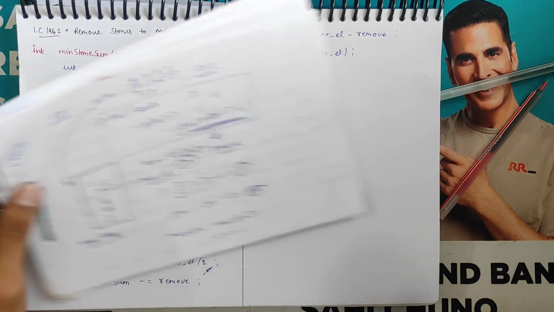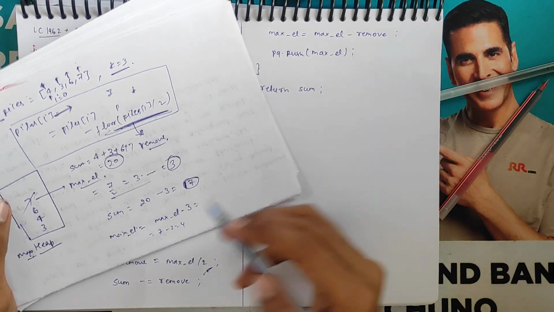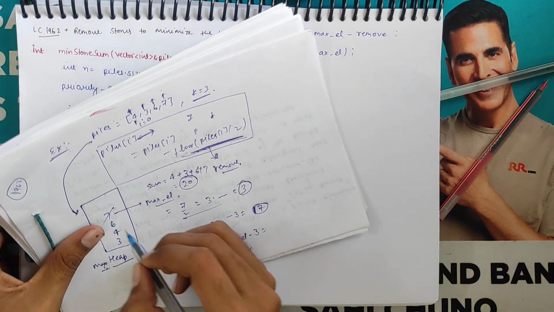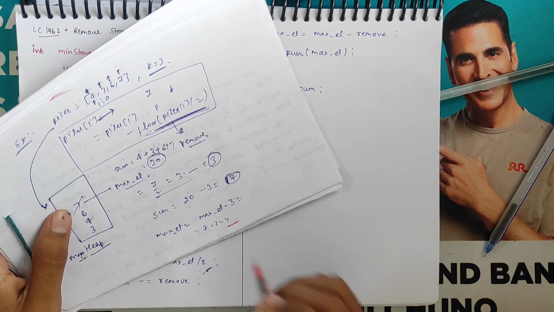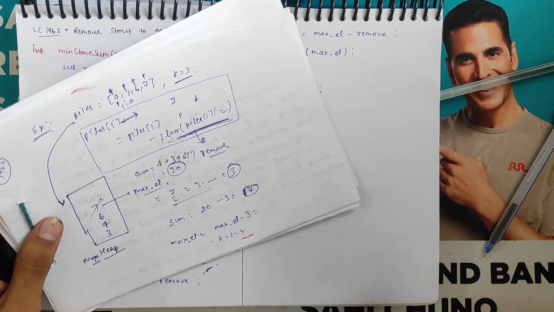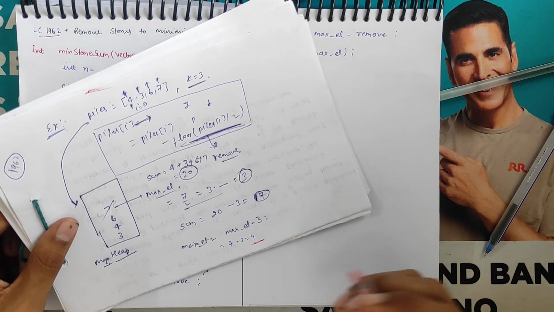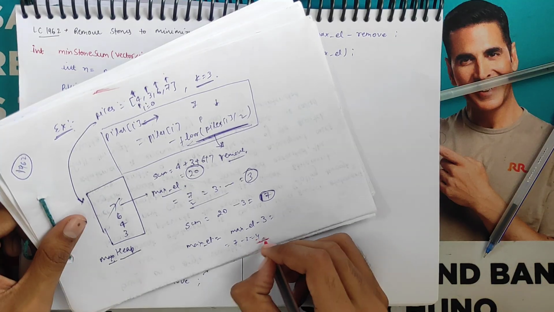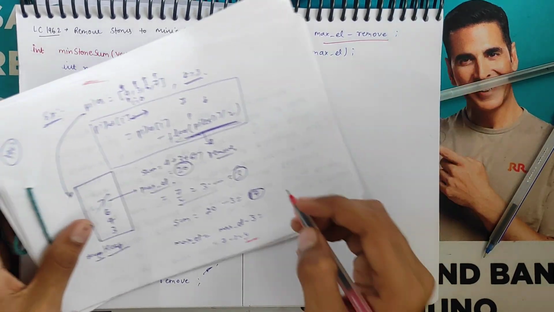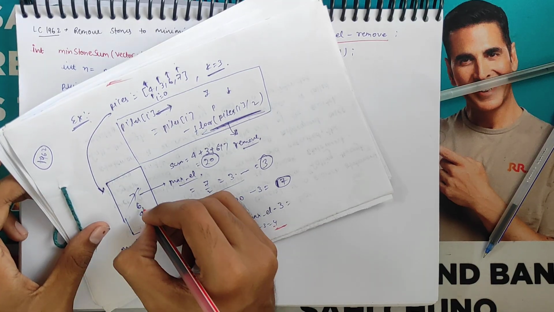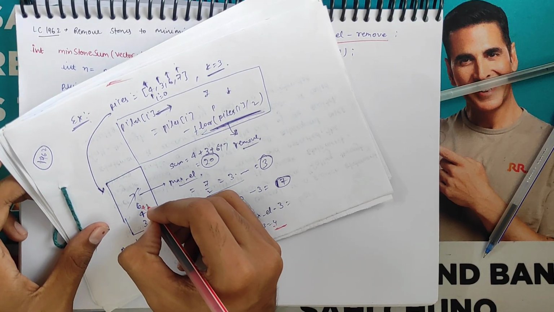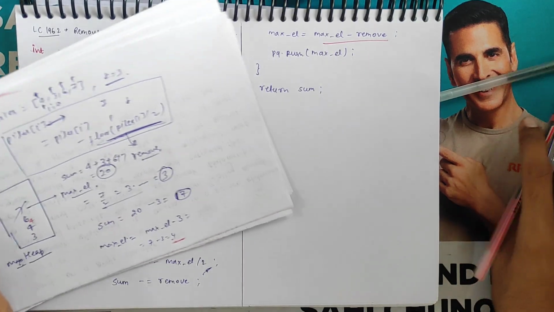So now maxElement is 4. Again we push maxElement into the heap, but now the value has changed from 7 to 4, because we have performed this operation. So now we push 4 into the heap, so 4 will be here: 6, 4, 4, 3. Now again the same operations.